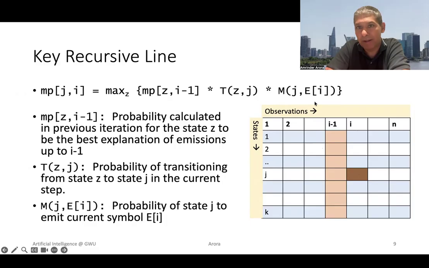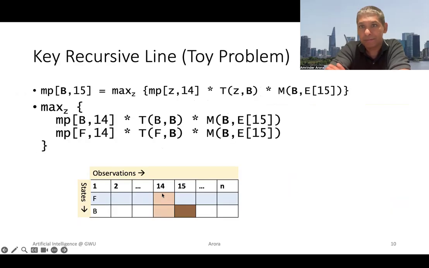Like I mentioned, this part is not in your max Z, so you could theoretically take the max, break it over here, multiply it later, perfectly fine. So that's the three things that the key recursive line does.